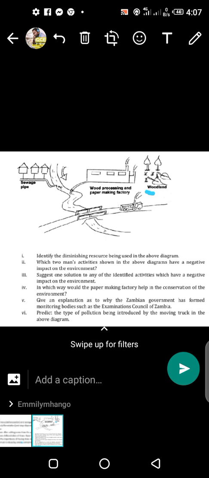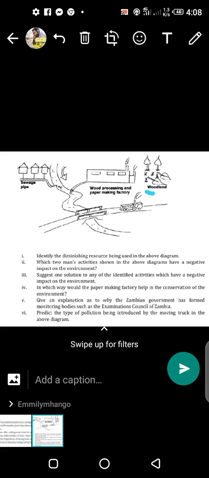Let's go to question 5. What is question 5 saying? Give an explanation as to why the Zambian government has formed monitoring bodies such as the Examination Council of Zambia. Why is there the Examination Council of Zambia with regard to monitoring trees?